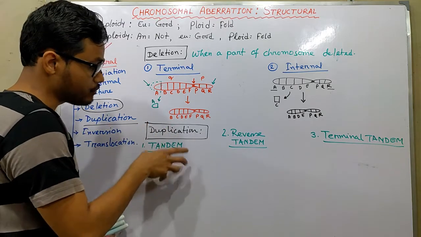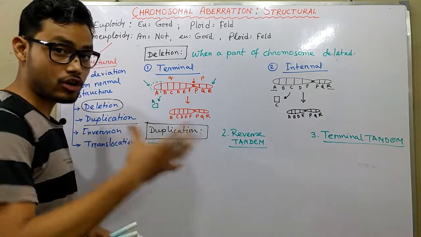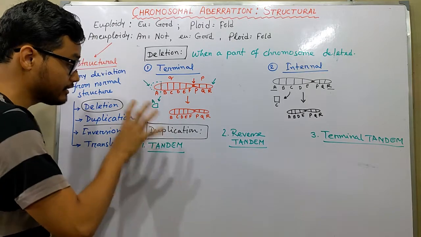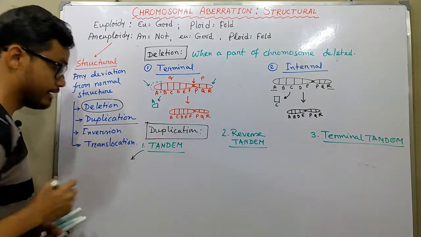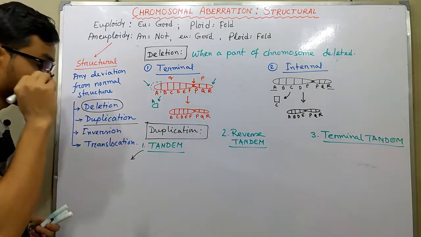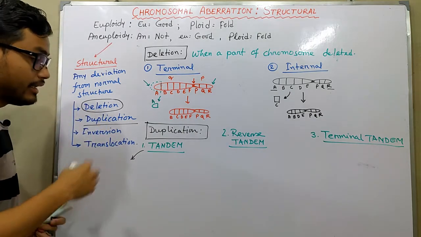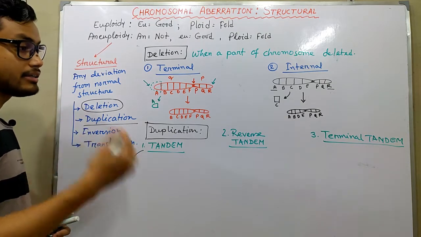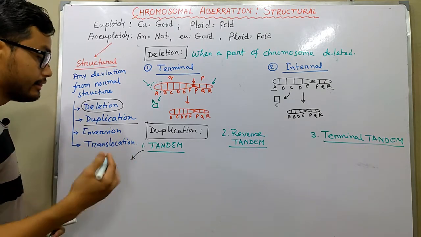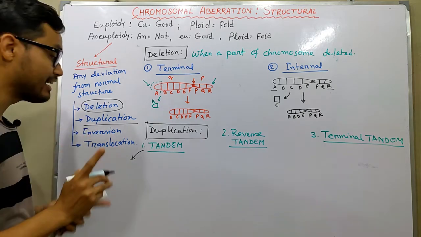Before I start about tandem duplication, let's talk about what tandem means. If a segment of a chromosome is repeated one after another, again and again, then those segments are known as tandem segments.